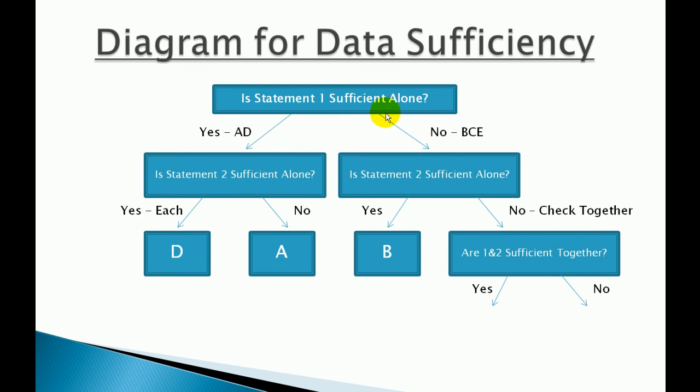Remember, you're now at a point where you've evaluated statement 1 and you've answered no, it's insufficient. You've evaluated statement 2 and you've answered no, it's insufficient. So now at this point you're evaluating statements 1 and 2 together. If they are sufficient together, the correct answer choice is C. If they are insufficient together, the correct answer choice is E.